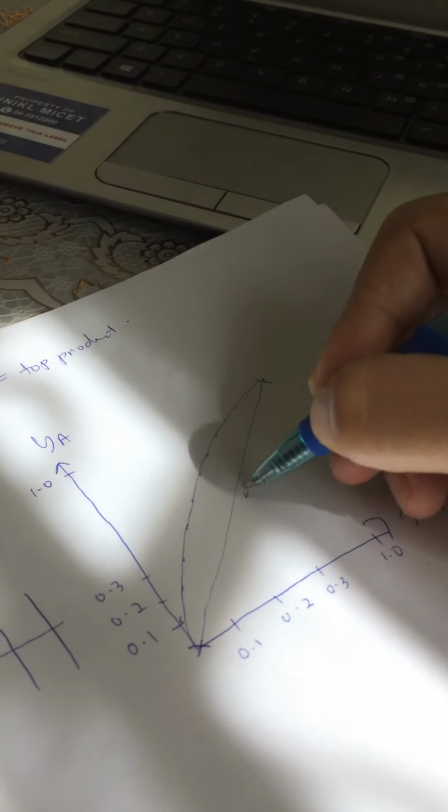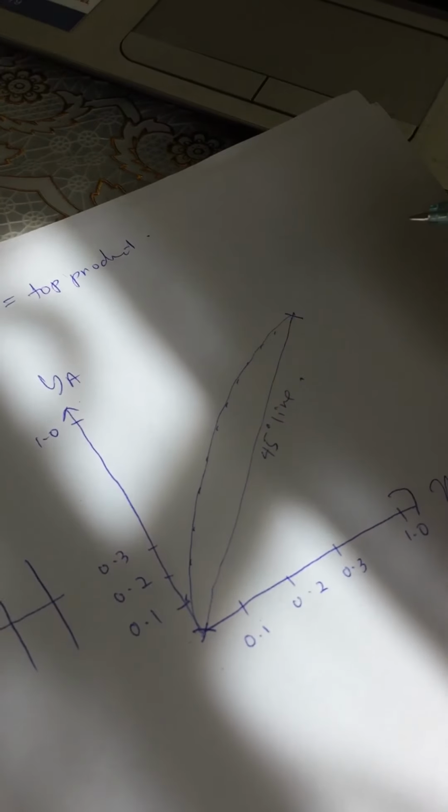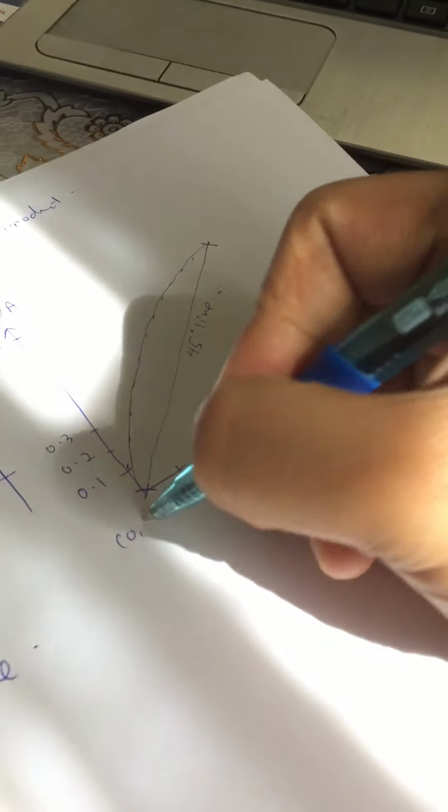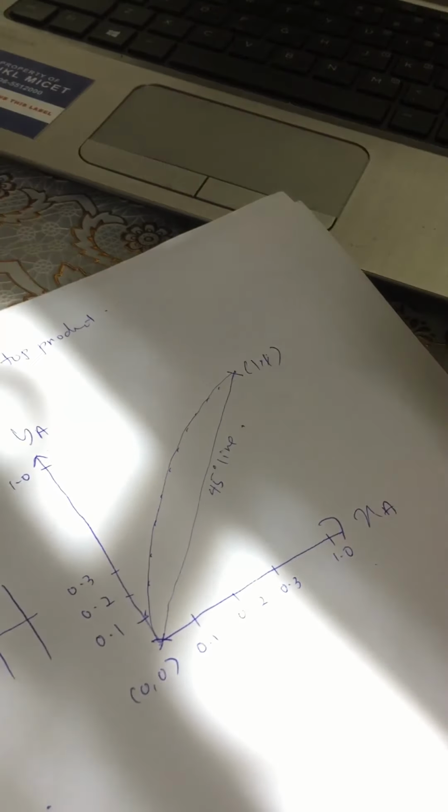So you see the coordinate of 0, 0 with coordinate 1, 1. This will be your 45-degree line.